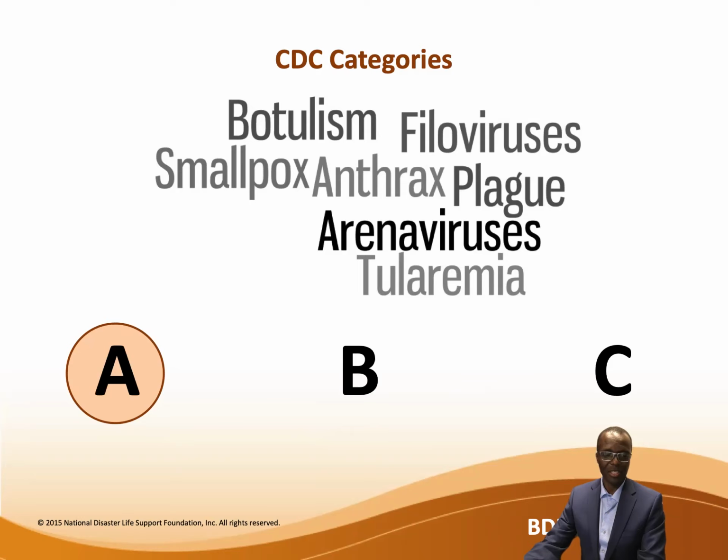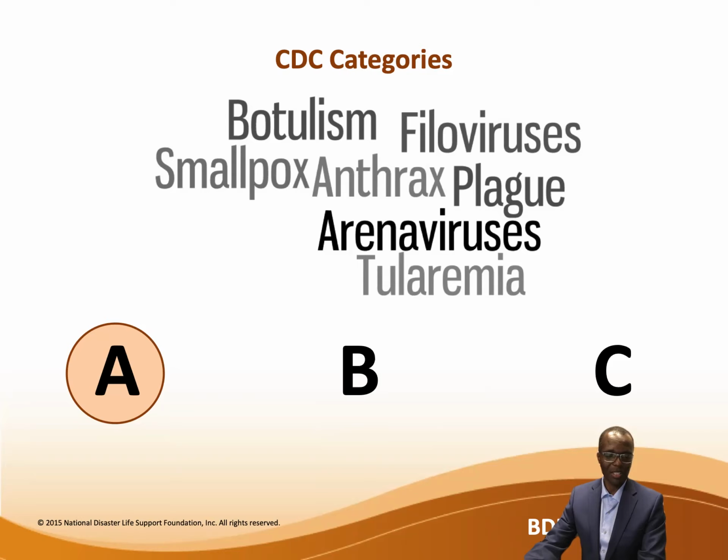They can be easily disseminated or transmitted from person to person, cause high mortality with potential for a major impact on public health, may cause public panic and social disruption, and require special action for public health preparedness.